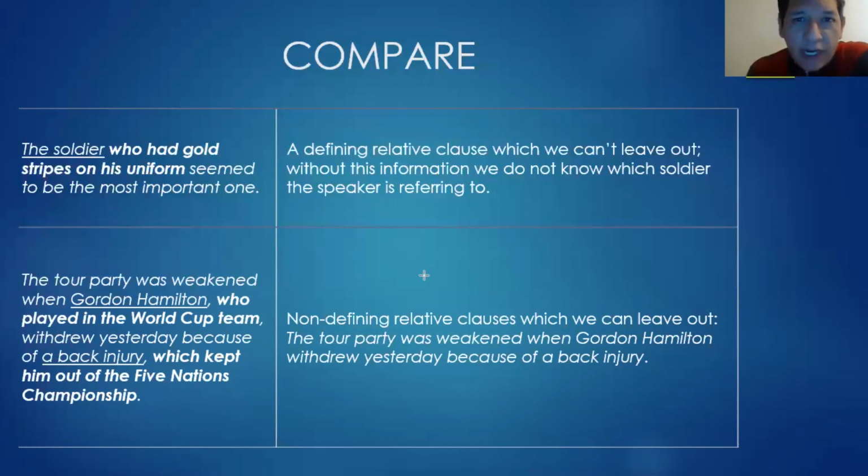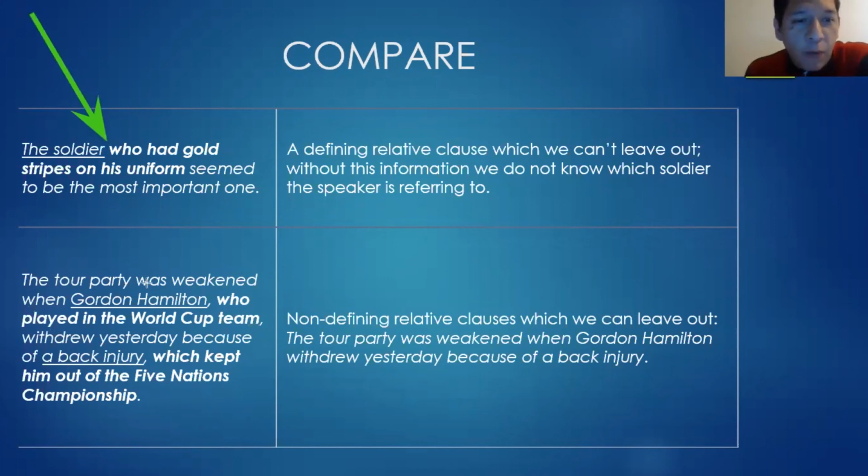Only if you check, and this is super important for you, please check. In here, the soldier who had gold stripes on his uniform seemed to be the most important one. In this part, do you see that there is a comma? There is no comma.